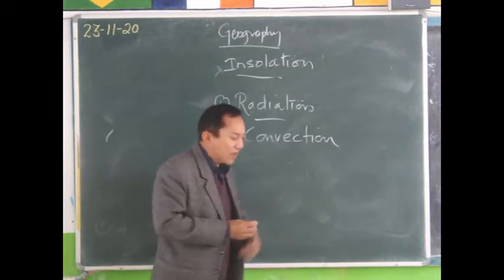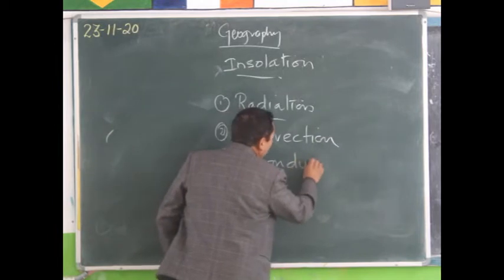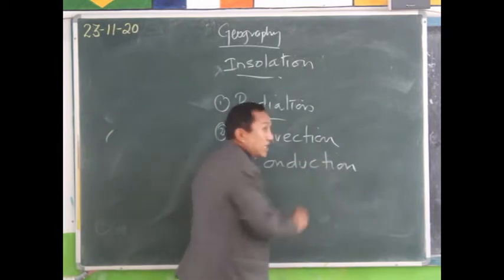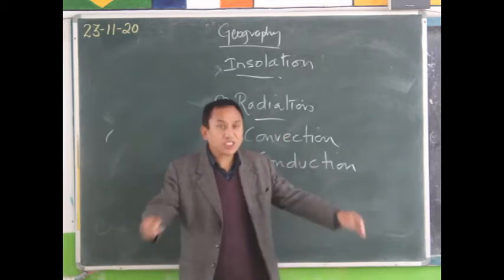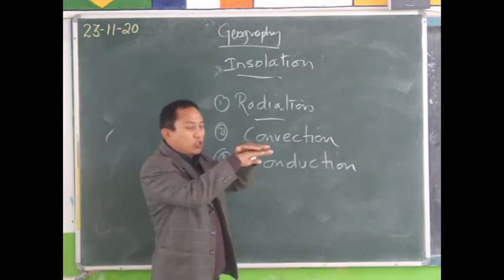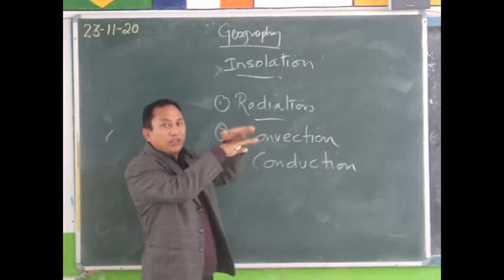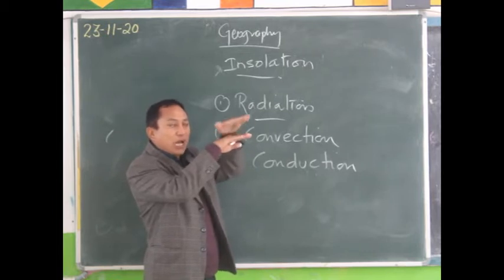Then we have the third one, that is the process called conduction. Conduction: transfer of heat through the process of contact. That means, because the layers of the atmosphere are all joined together, one above the other, when the lower layer gets heated up, that lower layer's heat is transferred to the upper layer.